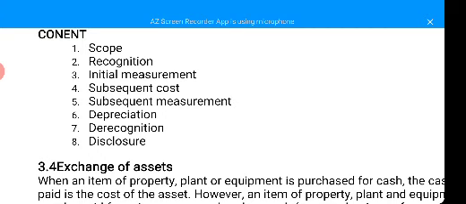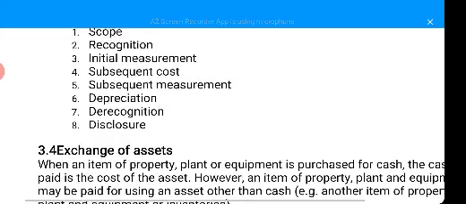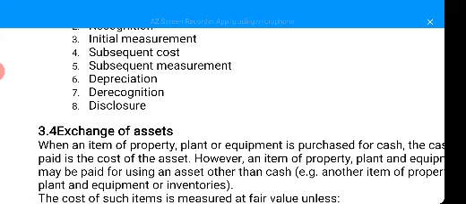Today we will be starting from exchange of assets. What is exchange of an asset? That means you can purchase an asset even without paying money. You can exchange your own asset to acquire another entity's asset.